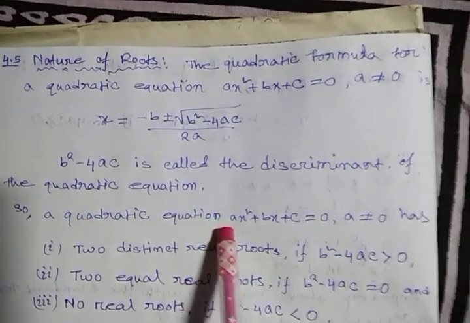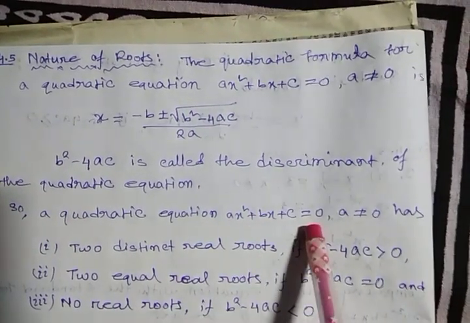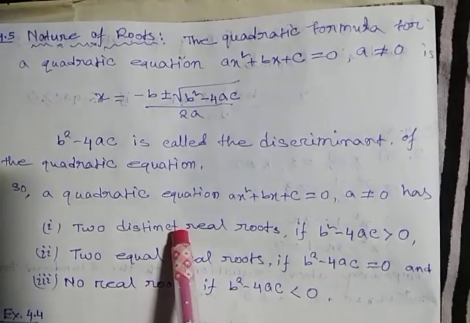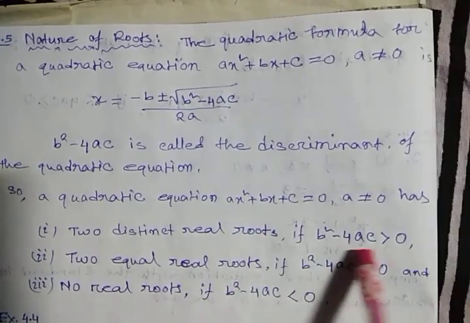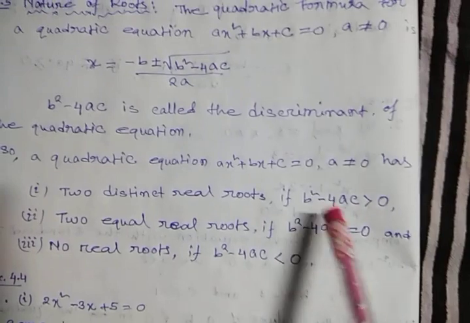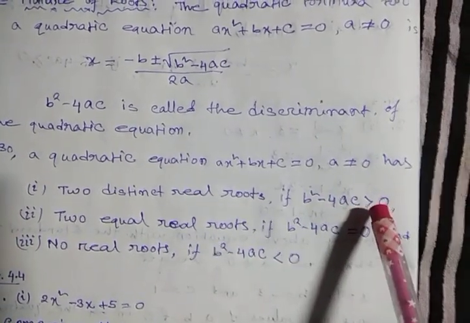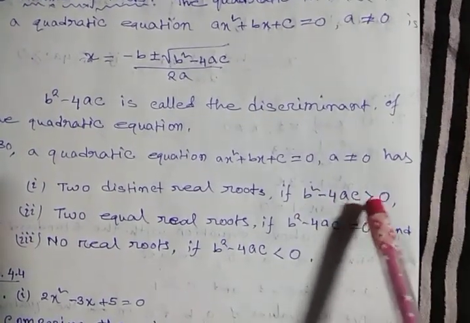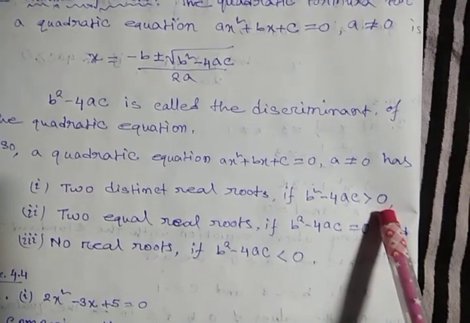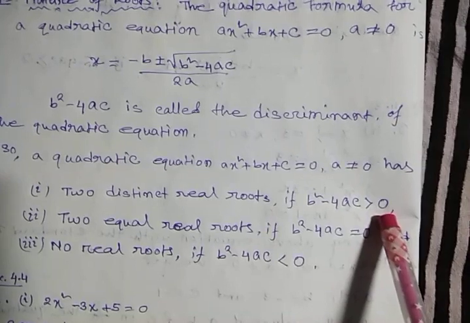A quadratic equation ax square plus bx plus c equal to 0, a is not equal to 0, has two distinct real roots if b square minus 4ac is greater than 0. So if the discriminant is greater than 0, then the given quadratic equation will have two distinct real roots.